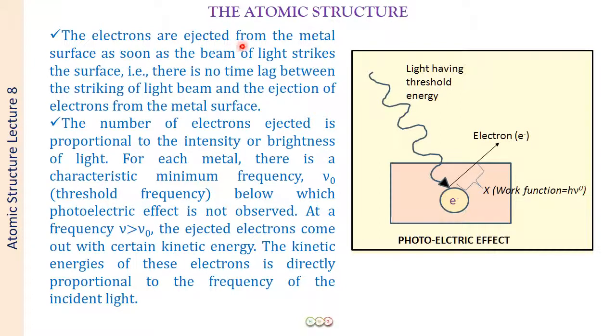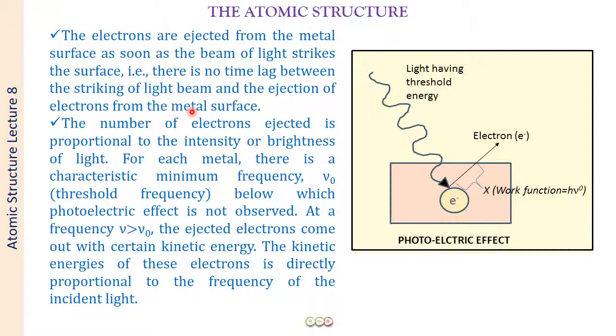The first observation is that the electrons are ejected from the metal surface as soon as the beam of light strikes the surface. There is no time lag between the striking of the light beam and the ejection of the electrons from the metal surface. So the moment Rahul pushes the boy, or his friends also come and push the boys, the boys in the line are out.